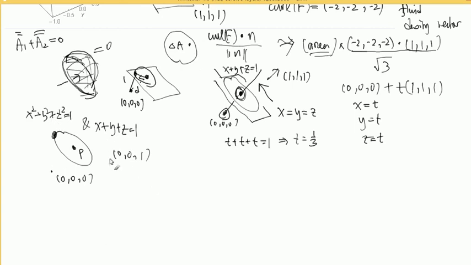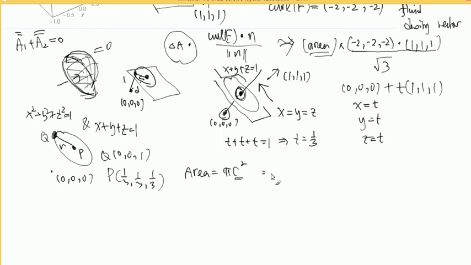This is going to be Q. That's point Q. My point P was 1/3, 1/3, 1/3. The distance between them is going to give the radius of this circle, correct? But the area is pi r squared, so we only need r squared. It's the distance squared.